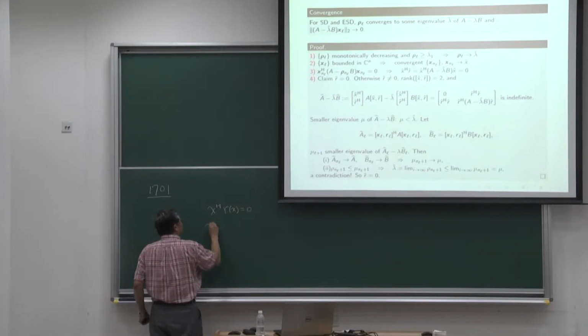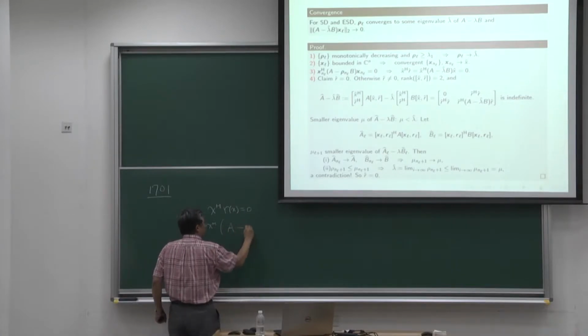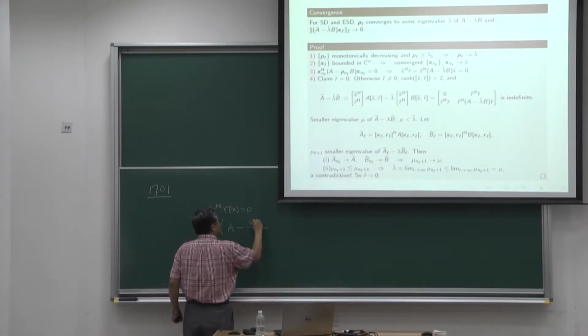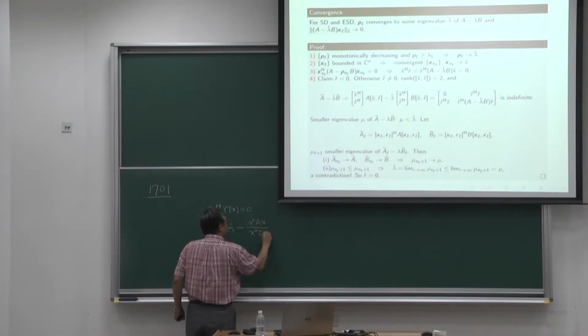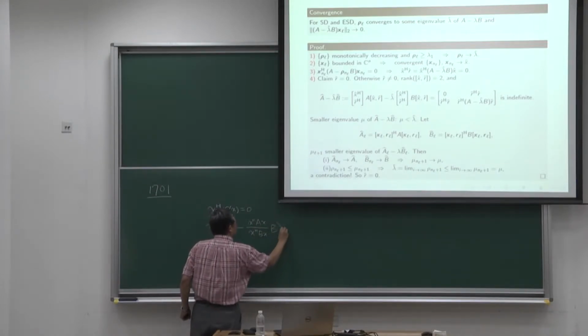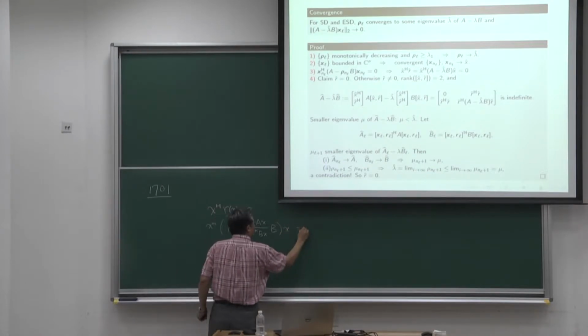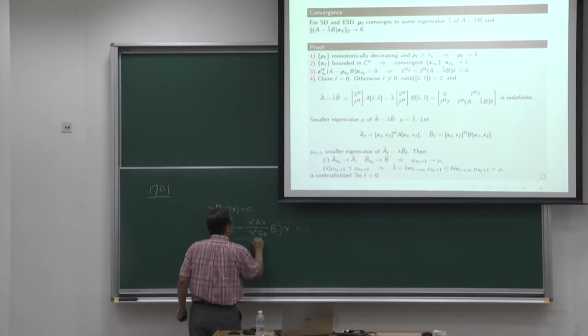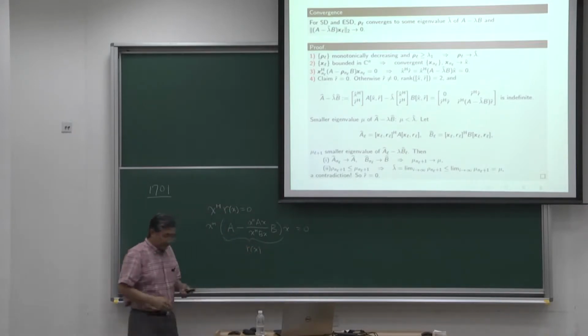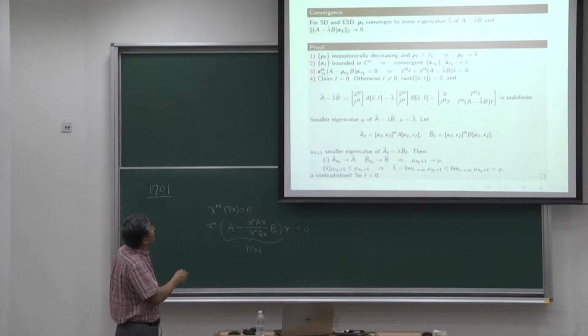That's basically because Rx is the residual, (A minus rho B) x, and x conjugate transpose times it is always equal to 0. This equation is always true because of that.